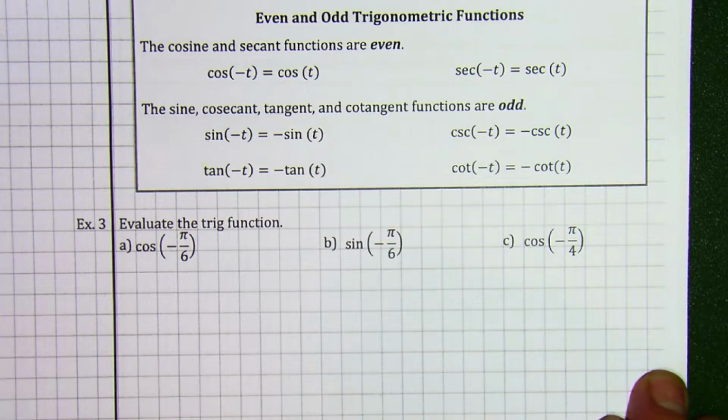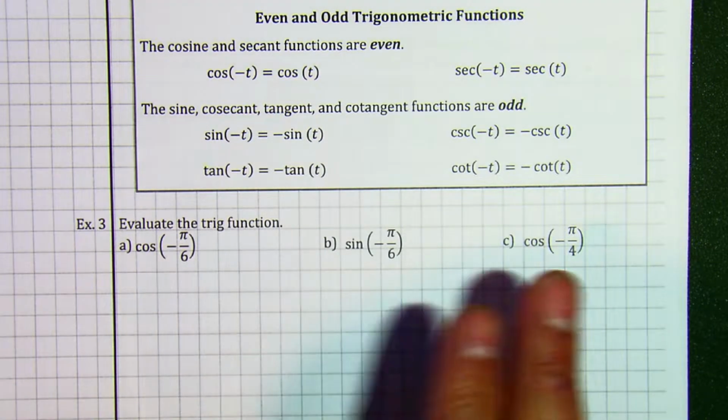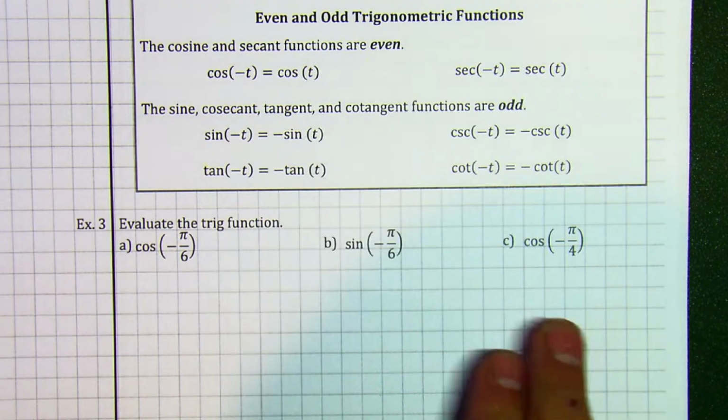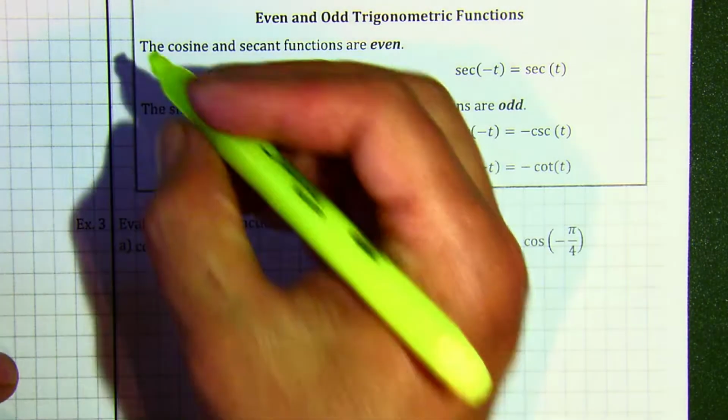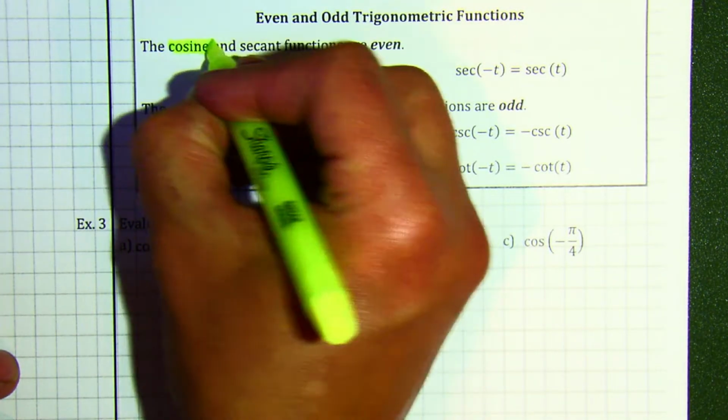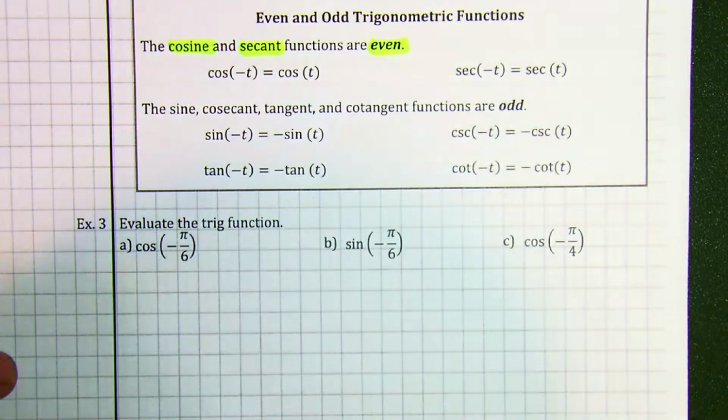Even and odd trigonometric functions. Go ahead and copy it down, and we'll start once you are ready. Go and pause it. So we talked about even and odd functions back in chapter 2. The cosine and secant, both of them are even functions.